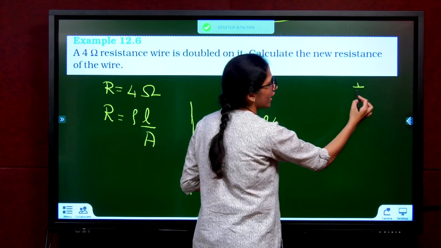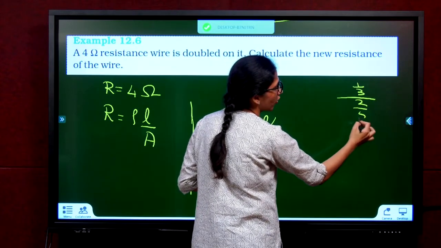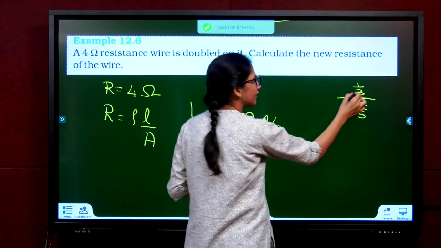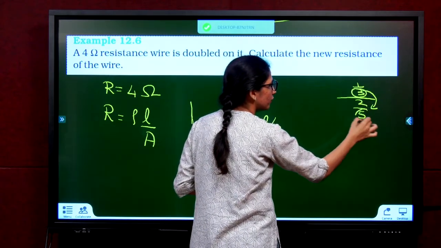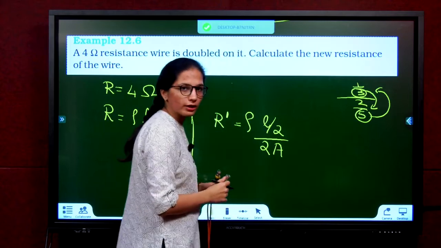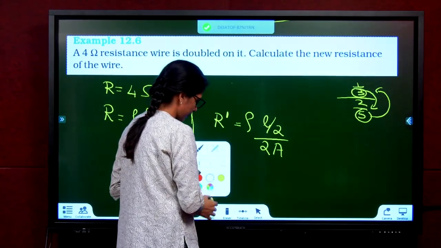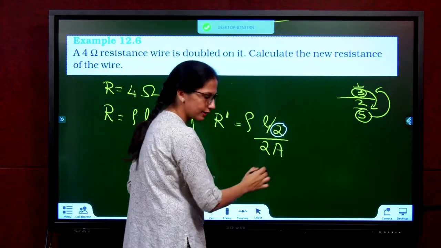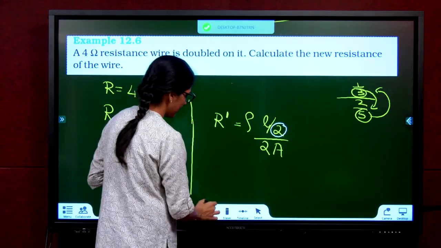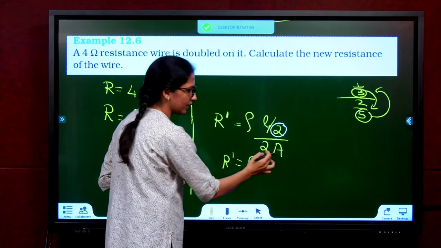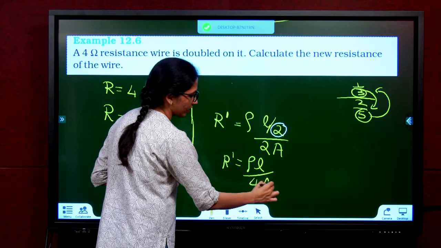If you have an extra denominator on top or an extra denominator down, that number moves. 3 will go down, 5 will go up. I hope you know that. So who's extra in the upper part? 2. So 2 will go down. See what happens? R dash is equal to rho L, 2 will come down, 2 2s are 4, by 4A.